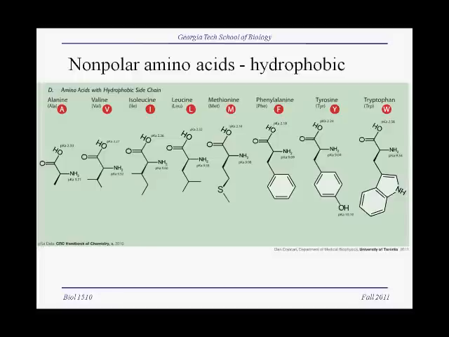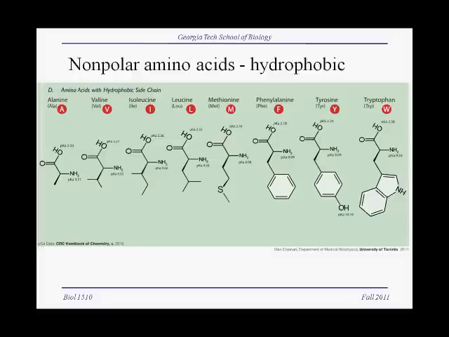You really shouldn't have to worry about knowing the structures of all 20 amino acids. We're just going to look at the groupings of amino acids by the physicochemical properties of their side chains, the R groups. Okay? And we're just going to worry about a few major divisions.